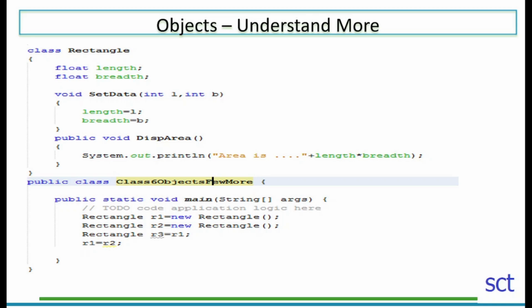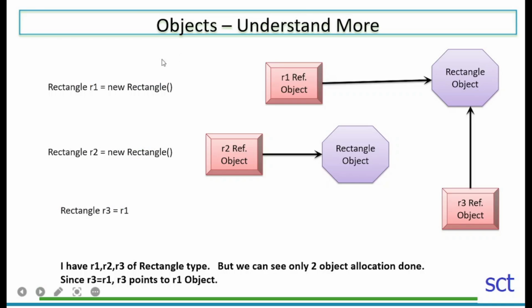How is this done in memory in Java? Whenever I say Rectangle R1 = new Rectangle, a reference object called R1 is created, and since we said new Rectangle, the actual memory allocation is done and R1 points to that location.